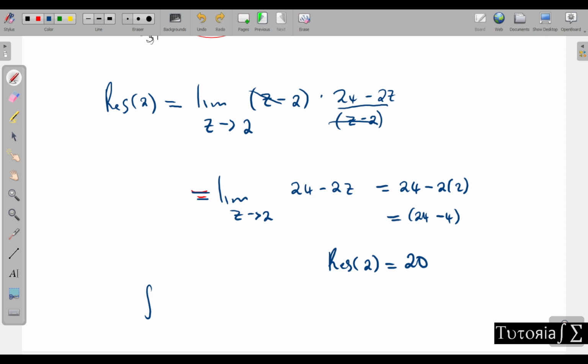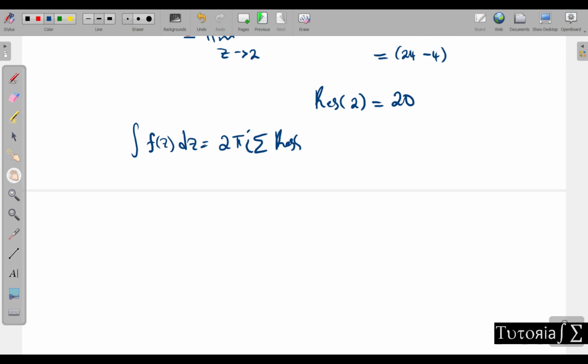Remember, the integral of f of z is equal to 2 pi i times the sum of the residues. In this case, the residue is 20.